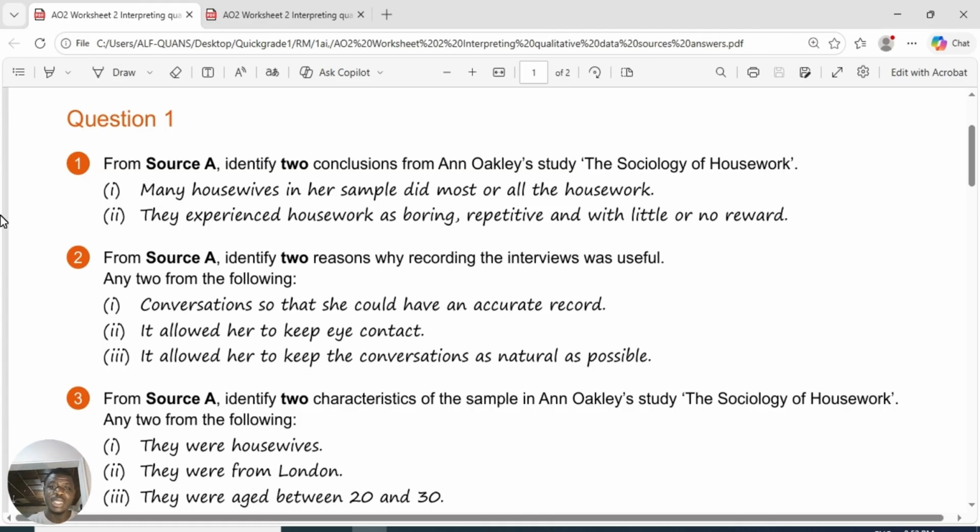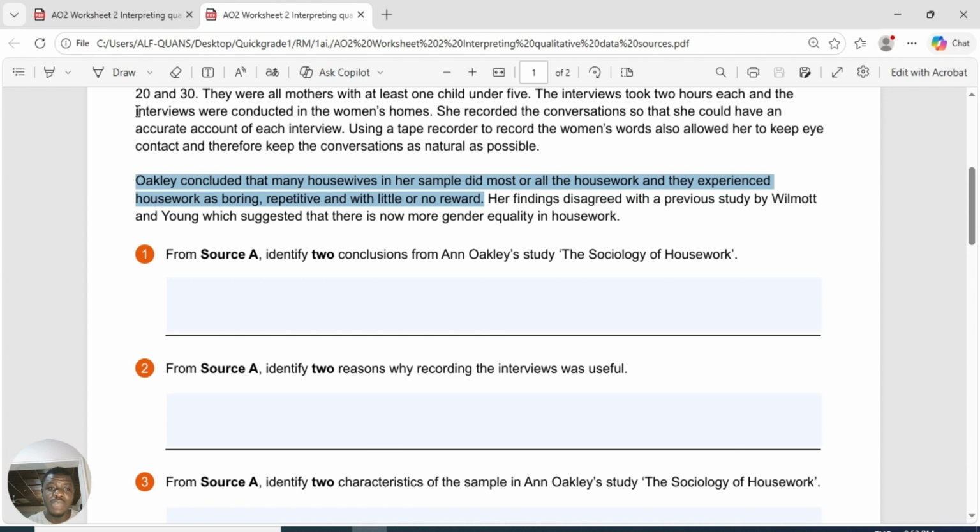You see that there is no explanation attached to the answers because the command word says identify. Clearly it's the same thing as paragraph 3. So please, when they ask you to identify something from a source, just look at the answer and write it down without any explanation.